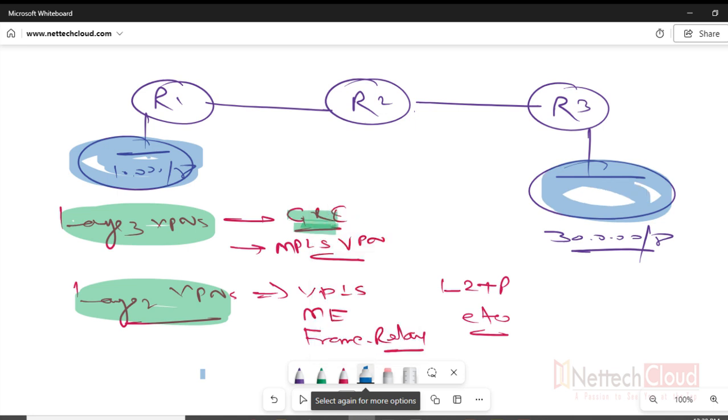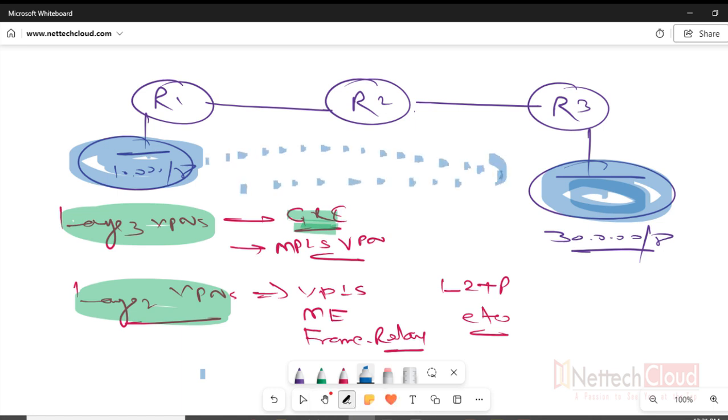We want IP reachability between both networks. Of course, we have access to both R1 and R3, and let us assume R1 has proper routing information for the 30 network, R3 has routing information for the 10 network, but R2 in the middle doesn't have any routing information about the 10 or 30 network.